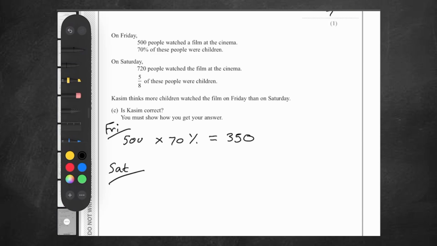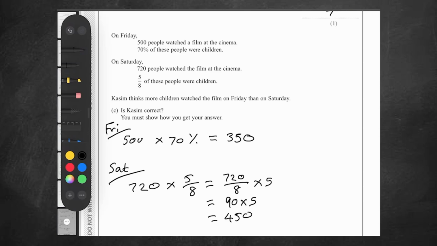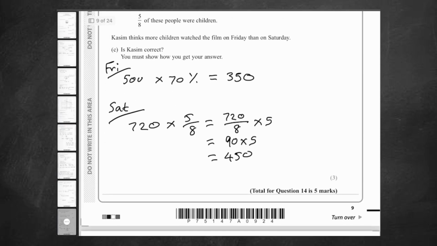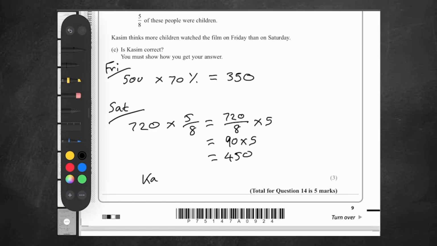Saturday, 720 watched the film, and we want 5/8 were children, which is 720 over 8 times 5, which is 90 times 5, which is 450. And Kasim thinks more children watched the film on Friday than on Saturday. He would be wrong. So Kasim is wrong.